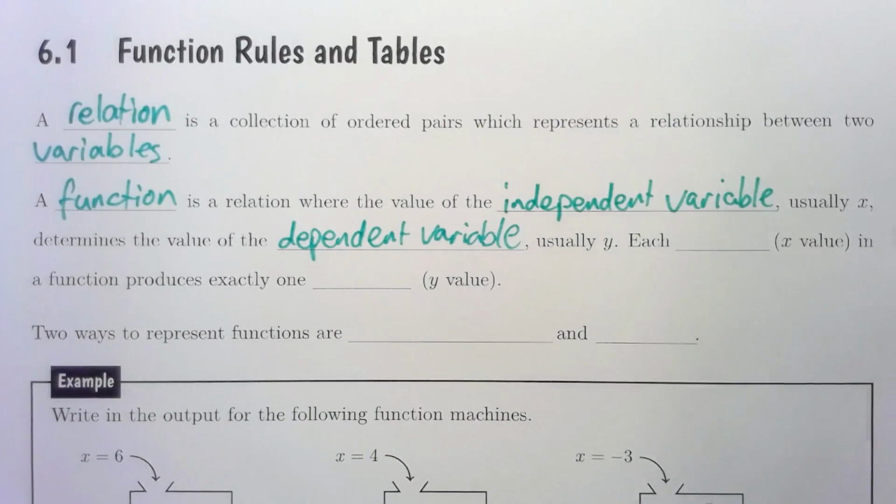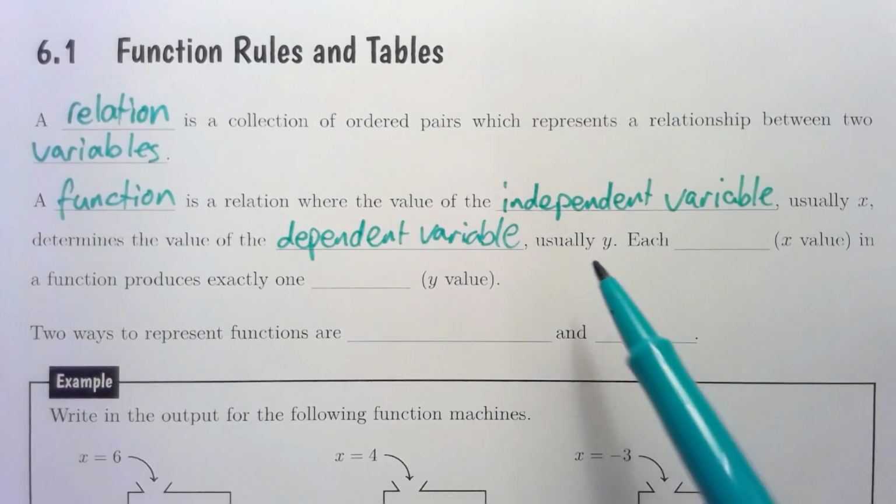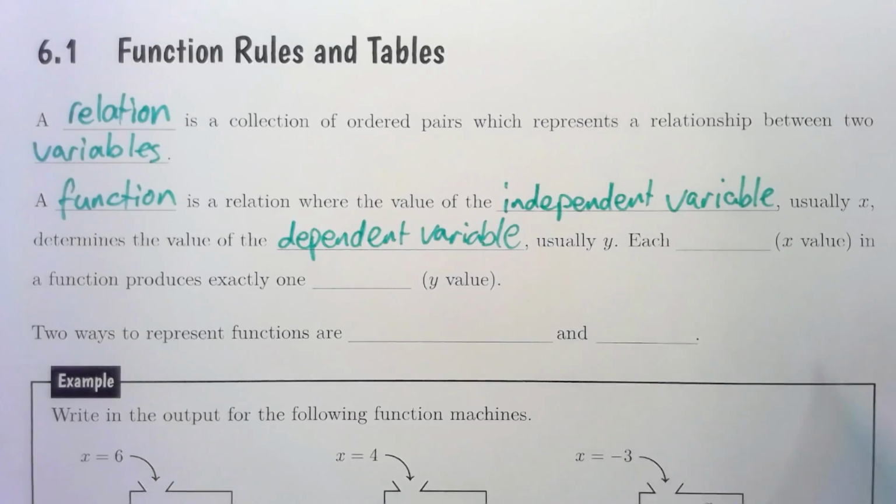Now, in practice, we often call this first variable x and the second one y. But these are the two things I was talking about earlier. X is the first thing that we already know, and y is the thing that we can work out if we know what x is.